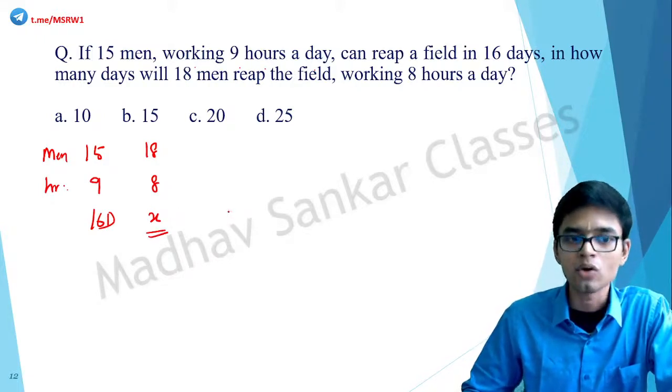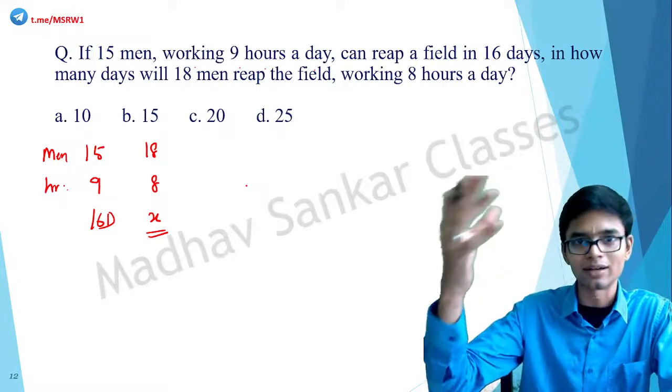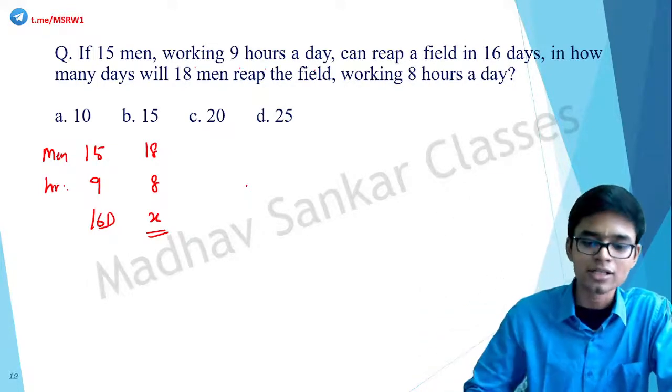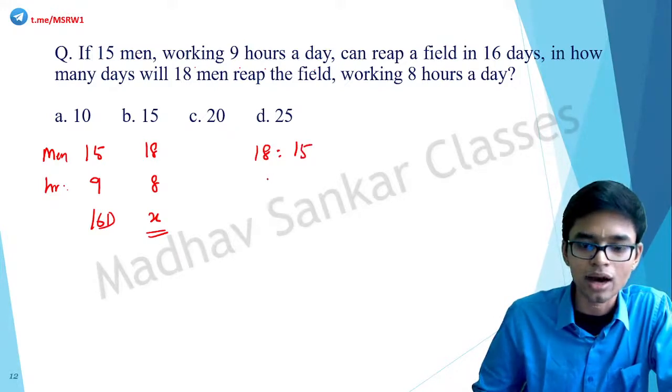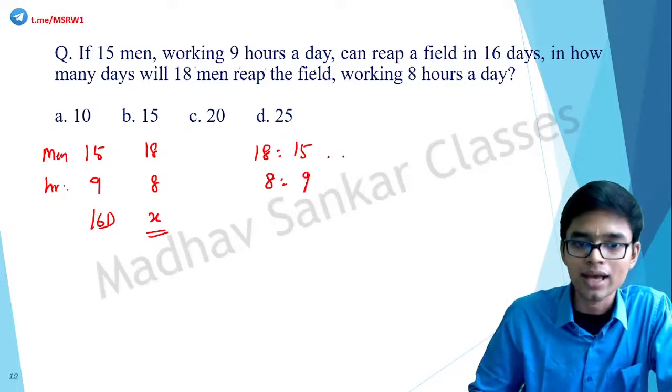Got it? Now we have to put this in terms of that ratio and solve for x. So how to do this? 18 is to 15. This is men, and we are putting the hours also. 8 is to 9 as 16 is to x.